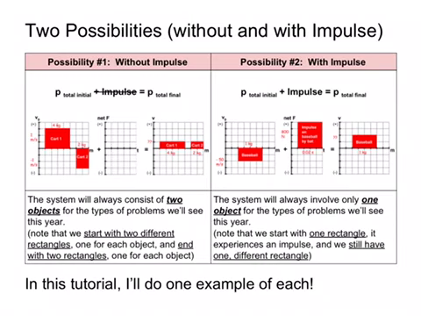The first possibility is a situation where you have no impulse acting on our system. So here, our impulse is crossed out, and we have the total momentum initially is equal to the total momentum in the final case. So for our class, this typically means that there are two objects that each have momenta at one point or another during the problem.